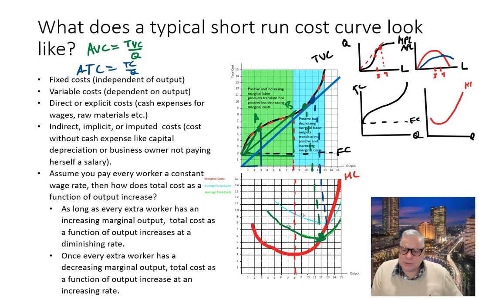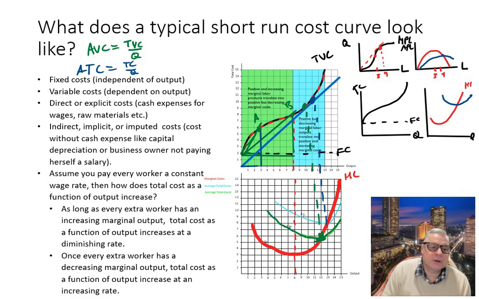So both curves are inversely related, inversely shaped, and the average total cost has its minimum where it intersects the marginal cost, so here, and the average variable cost is below, but also has its minimum where it intersects the marginal cost.